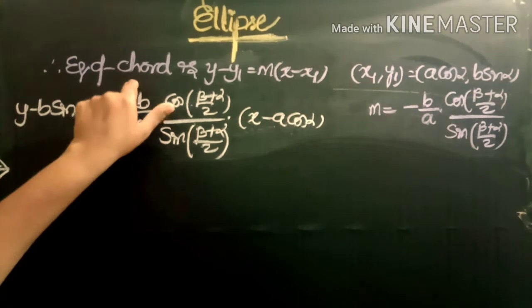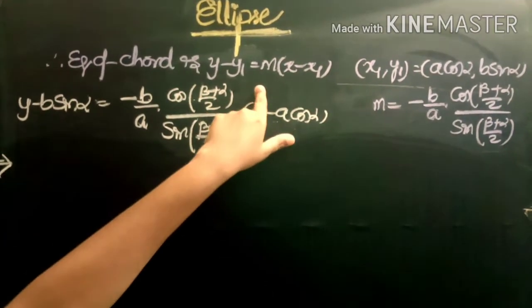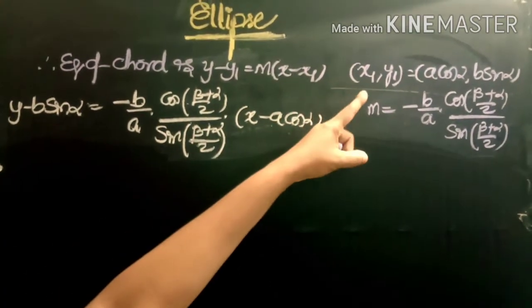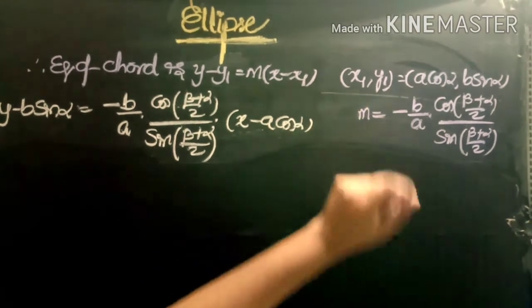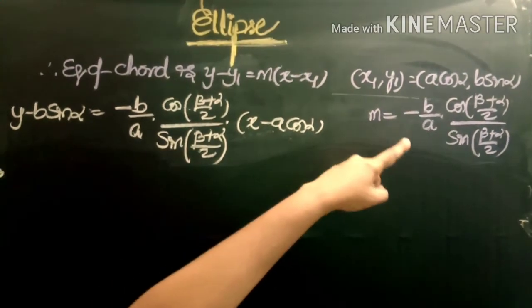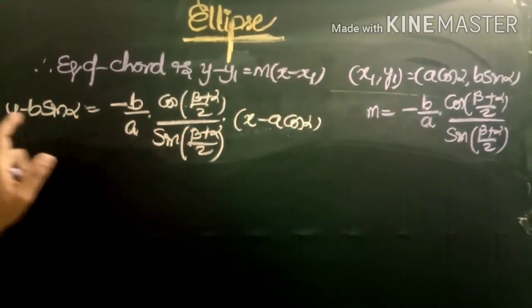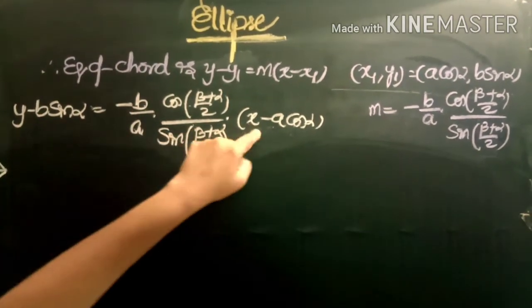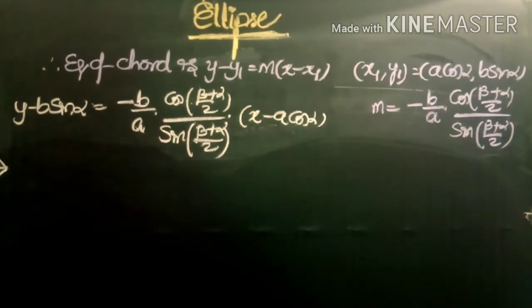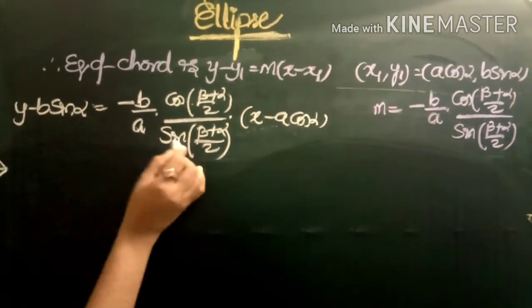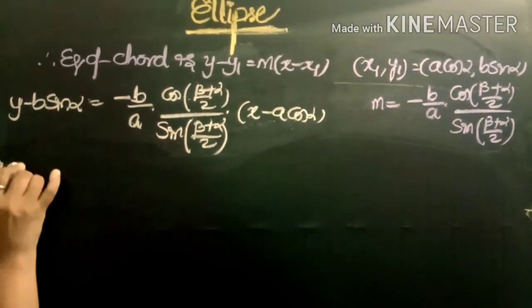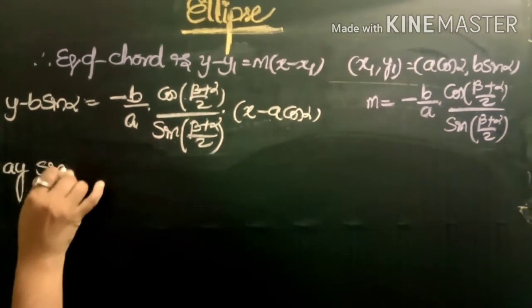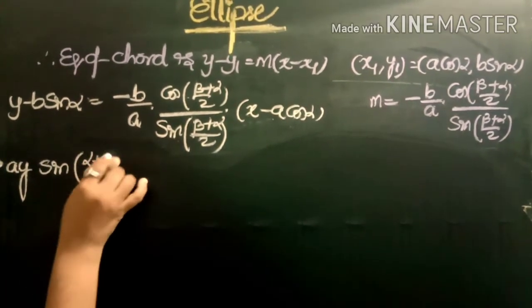Now the equation of the chord is y minus y1 is equal to m into (x minus x1). Here x1, y1 is equal to the first point, that is a cos alpha, b sin alpha, and m is equal to that slope value. Now replacing the values here, y minus b sin alpha is equal to m into (x minus a cos alpha). Now taking the cross product, the first value a y into sin (alpha plus beta) by 2, that is a y sin (alpha plus beta) by 2.